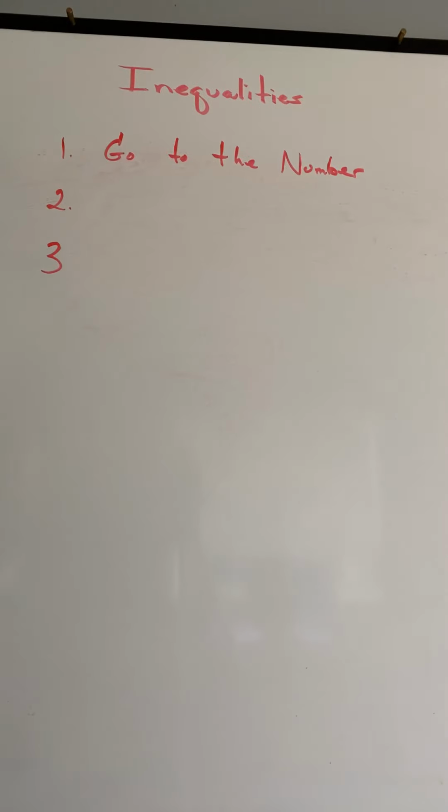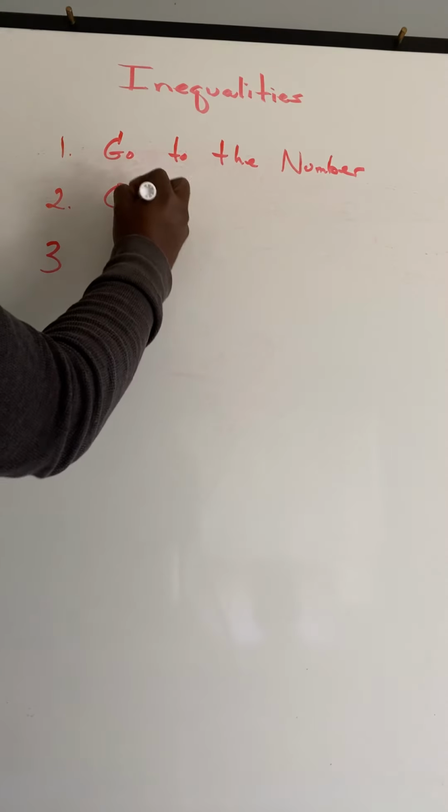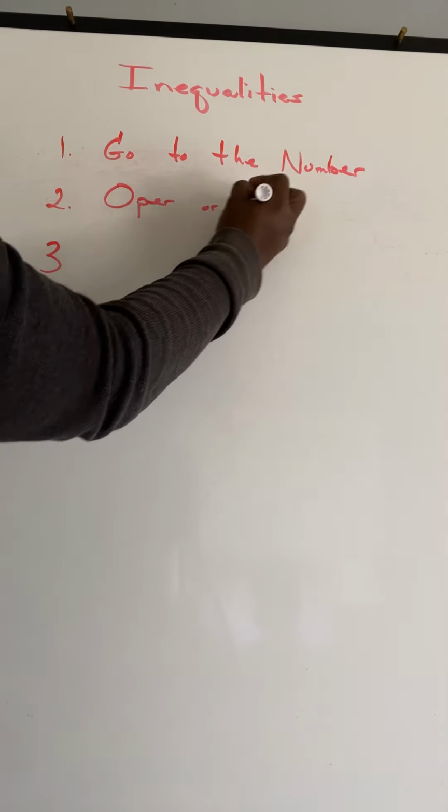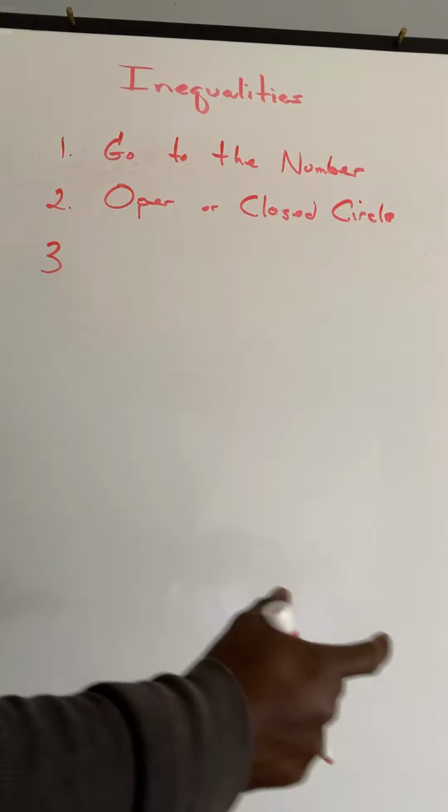Second, after you go to the number and check to see where the number is, you want to know if you're going to use an open or a closed circle. Okay? So first we go to the number. After that, we want to look at the inequality sign, whether it's greater than or equal to, or less than or equal to.